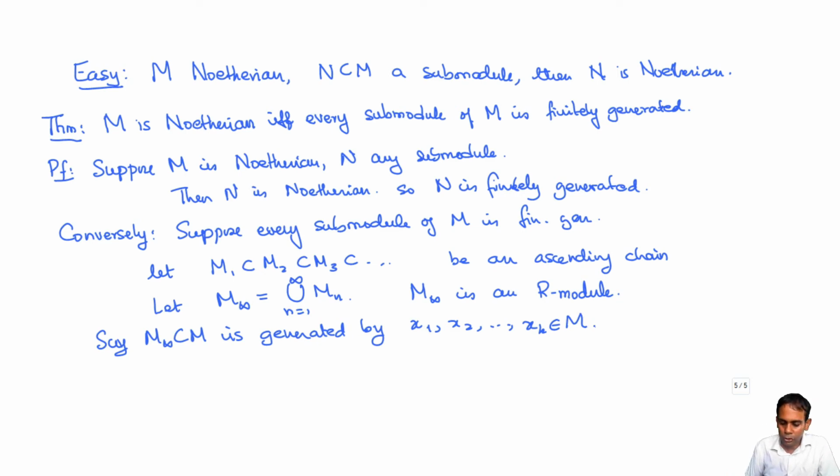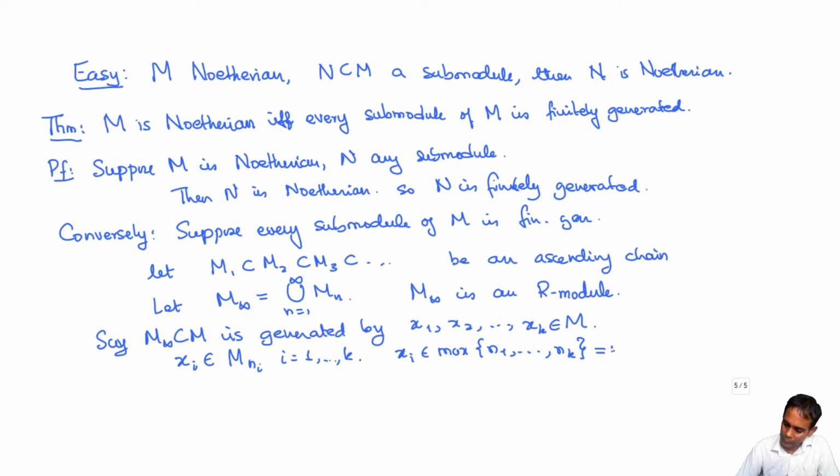Each of these elements must be in M infinity. So xi belongs to M infinity, which means that it is in one of these Mn. So xi belongs to, let's say, Mni for i equals 1 to k, which means that xi belongs to Mn, where n is the max of n1, n2, ..., nk.